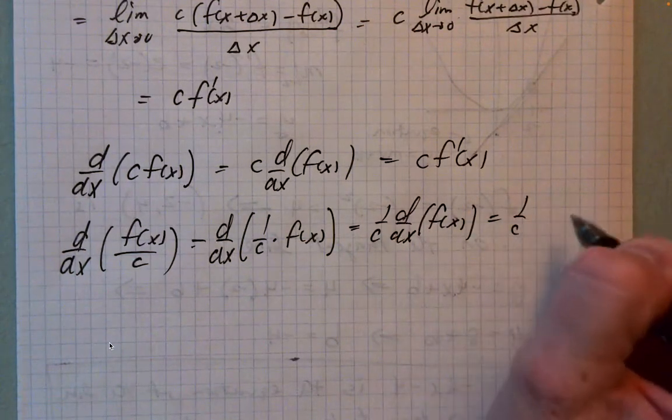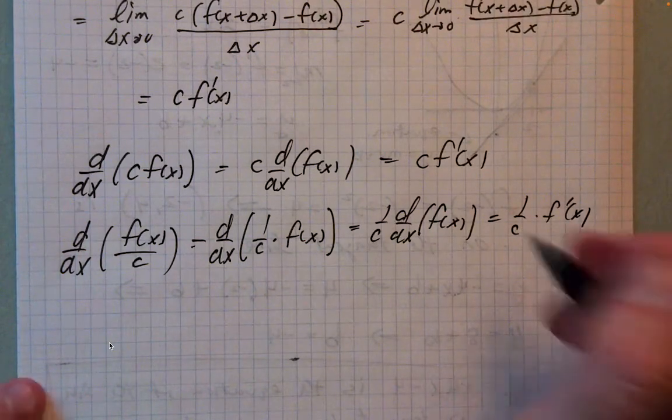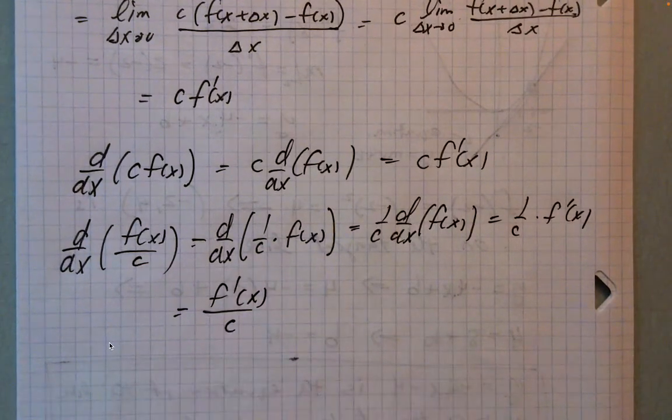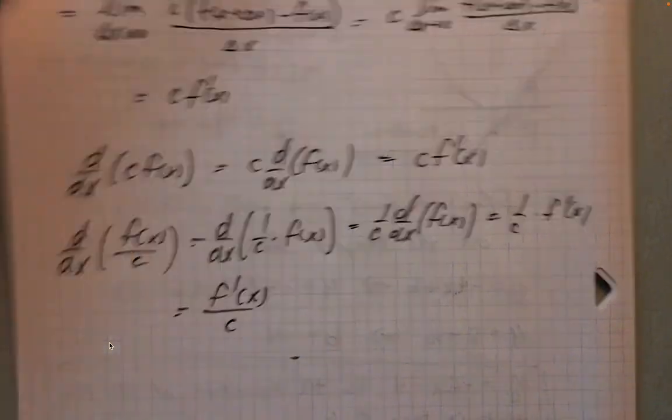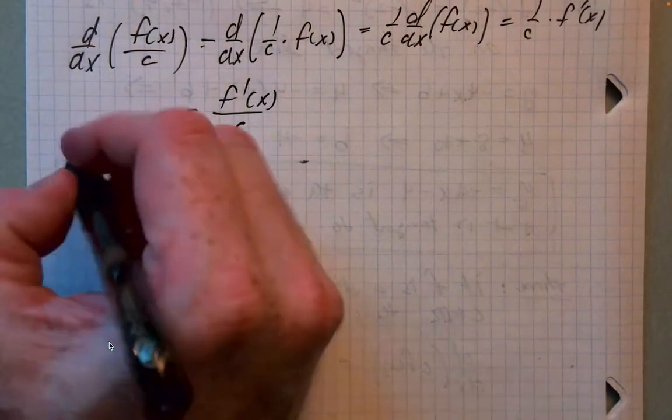And so you get 1 over c times f prime of x. Or, if you wanted to, you could write this as f prime of x over c. So if your denominator is all a constant, you can just differentiate the numerator. Okay, excellent. Let's do a few examples using this, just to make sure we're crystal clear on this one.